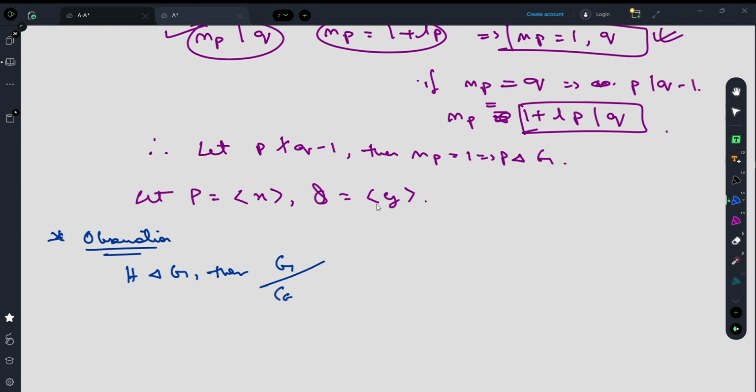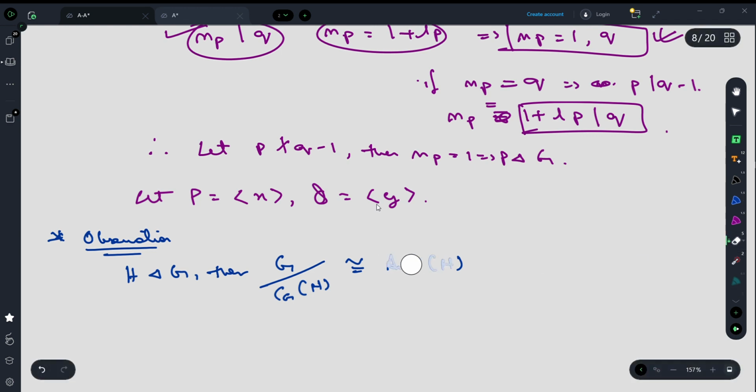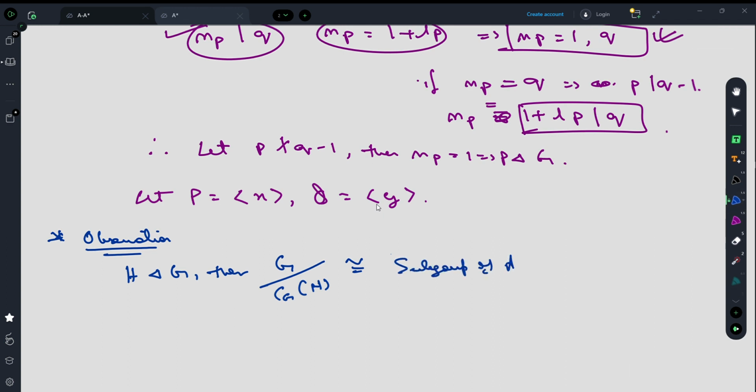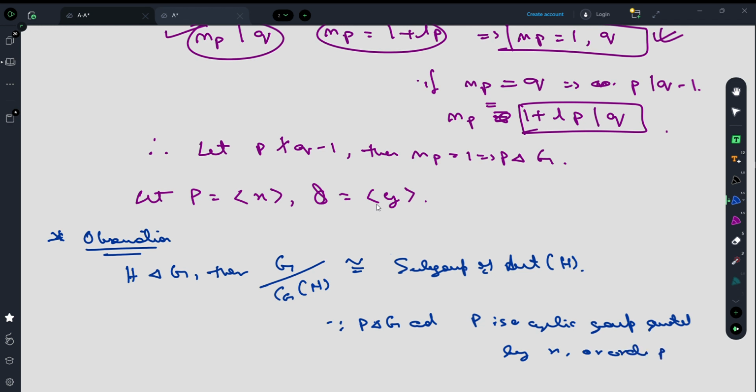The observation says that if H is a normal subgroup of G, then G modulo the centralizer of H in G is isomorphic to a subgroup of the automorphisms of H.